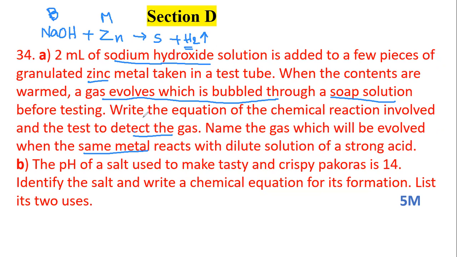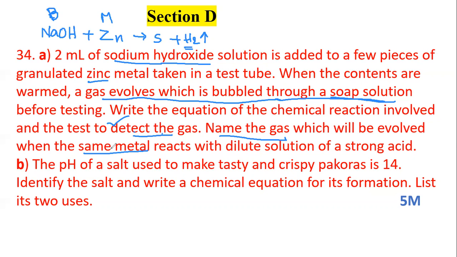We have to test in this method that they have given, passing through the soap solution. That is another step. Go to the next. Name the gas: the gas which is evolved and detected, we will name it.